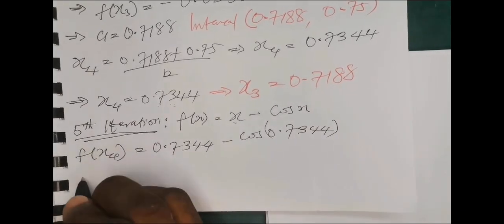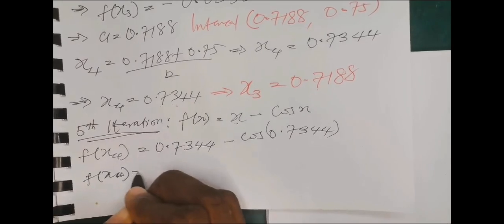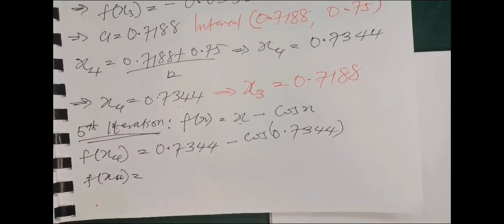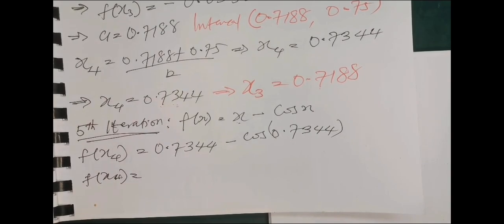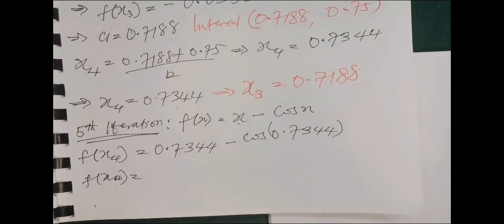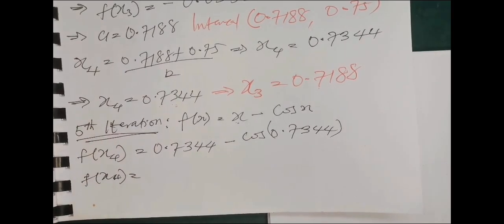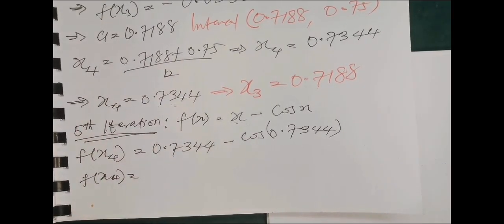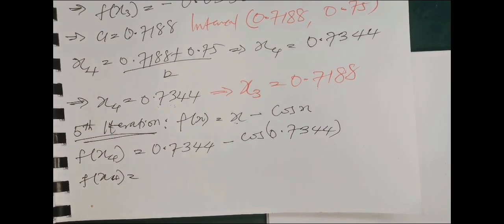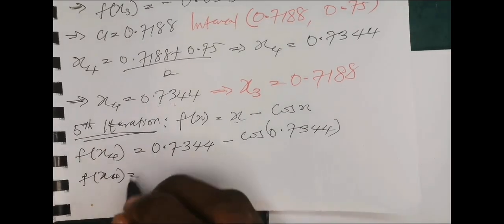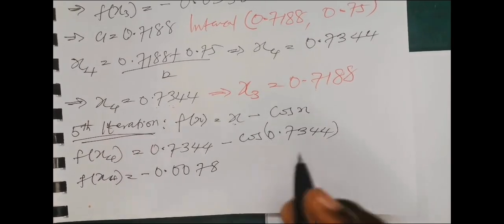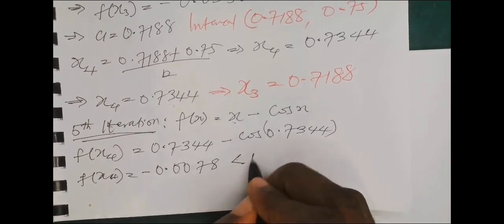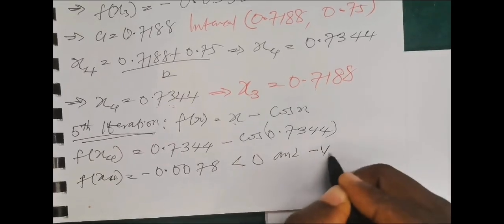Let's punch this value and see. This simply gives us negative 0.0078. Once more, this is less than 0 and negative.